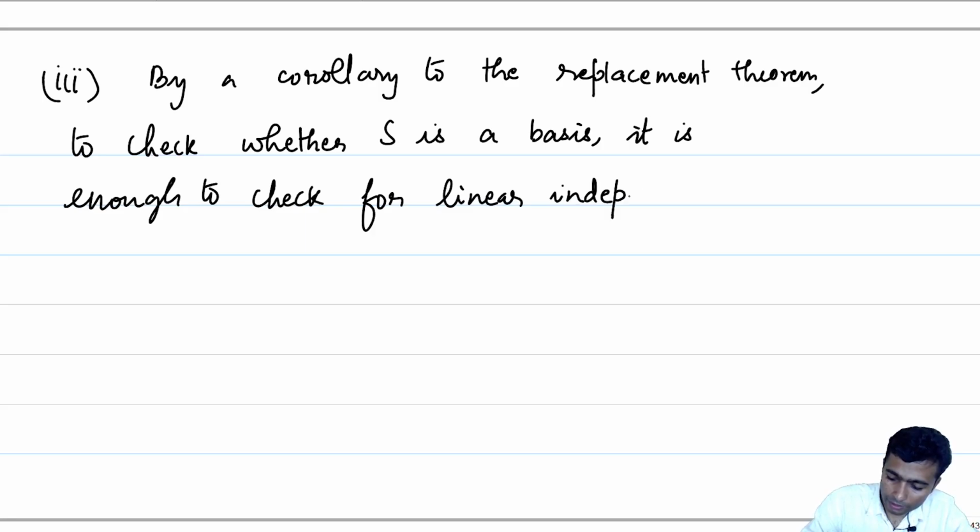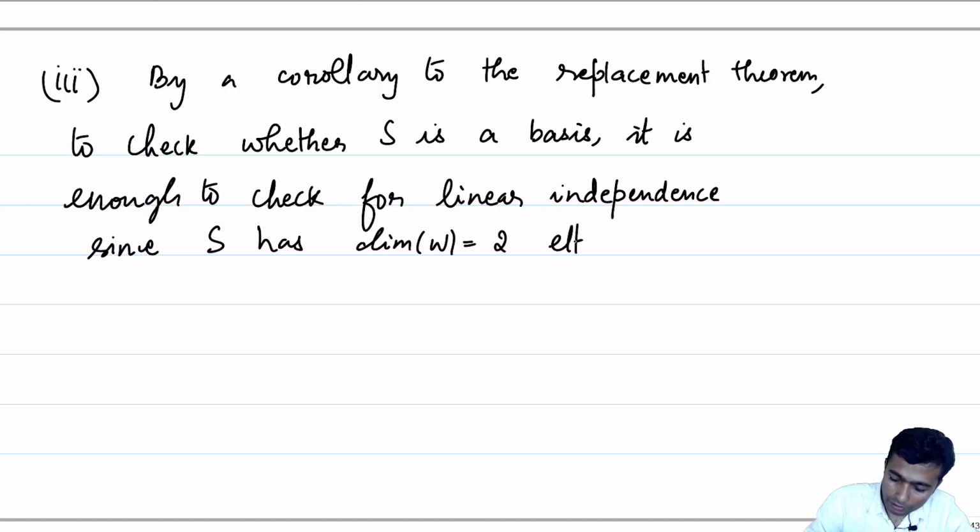And why is that the case? Because the dimension of W is equal to 2, and S has 2 elements. So, if this set is linearly independent, it is necessarily a spanning set. We could have done it the other way also. We could have just checked for the spanning property, and any spanning set which has dimension-of-W elements should necessarily be linearly independent as well. We will just check for linear independence.